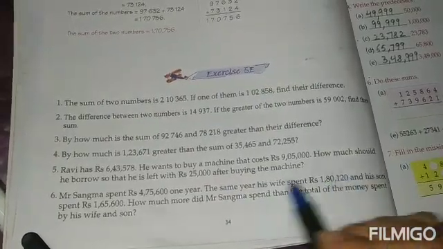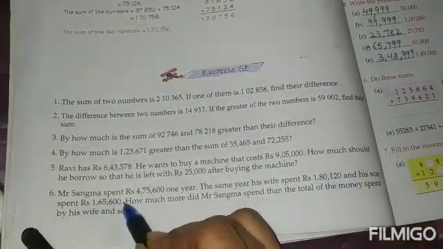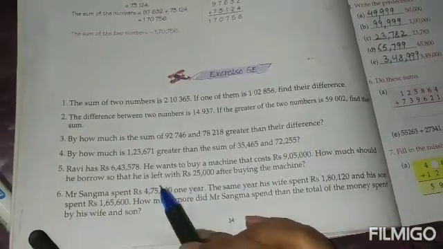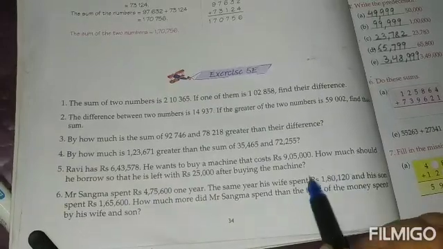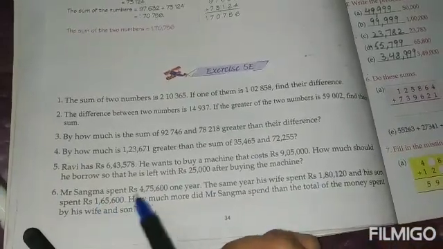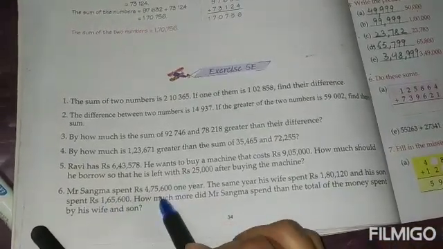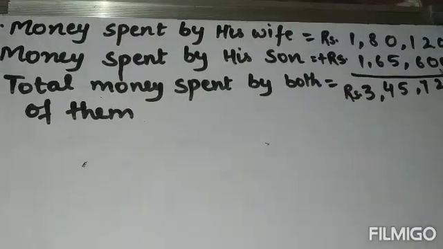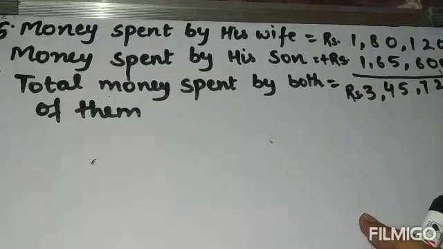After that, to check how much more he spent, we will subtract that amount, the sum of these two numbers, from the money spent by Mr. Sangma. So let's see how to solve it.